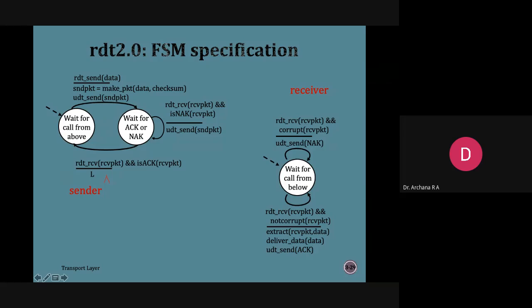Deliver underscore data indicates deliver the data to the application layer, and UDT send the acknowledgement, in the sense the positive acknowledgement. If the sender receives a positive acknowledgement, it doesn't do anything. If the sender receives the negative acknowledgement, it is going to do the retransmission. So that is RDT 2.0.